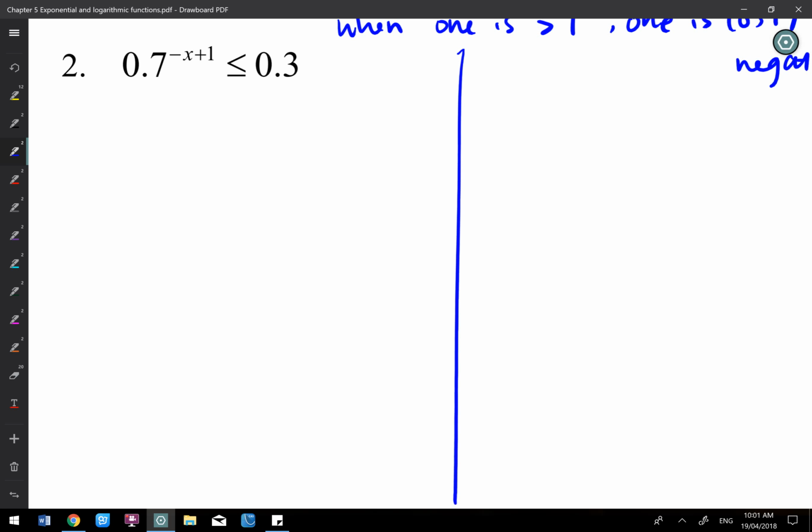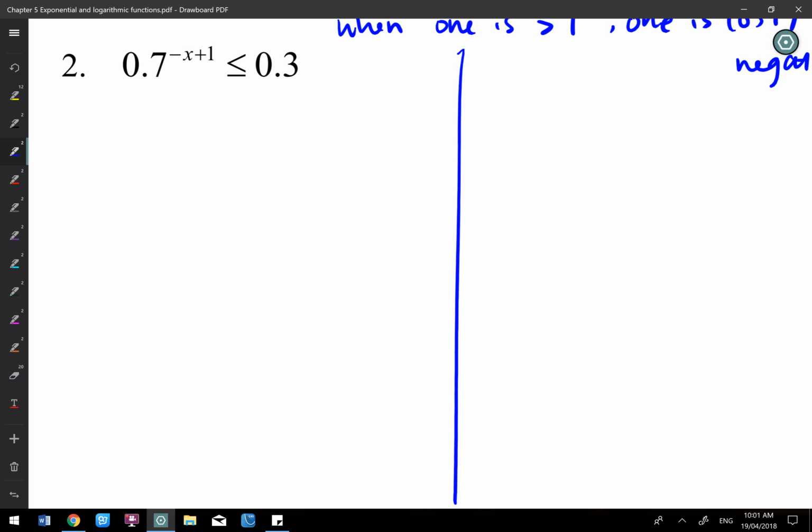Okay, 0.7 and 0.3. Obviously it's not greater than 1 and can't become the same as each other. I should actually choose log base 0.7 on both sides, because I can get rid of the 0.7 on the left hand side. But if I log base 0.7 on both sides, the sign will flip. I'm not sure if you remember this.